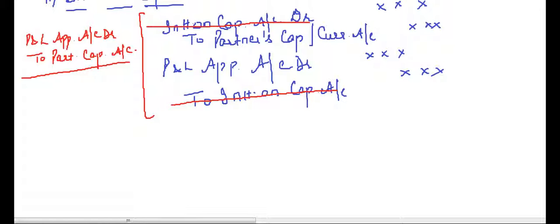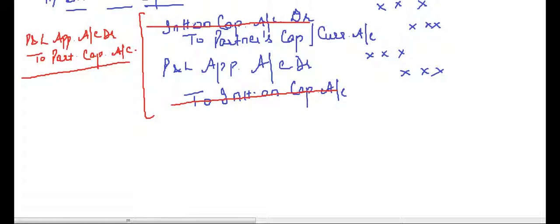So interest on capital will be credited and P&L appropriation account will be debited. And if we see the net effect, we can cancel out the interest on capital debit with the credit. So the single entry will be P&L appropriation account debit to partners' capital or current account. Simple.